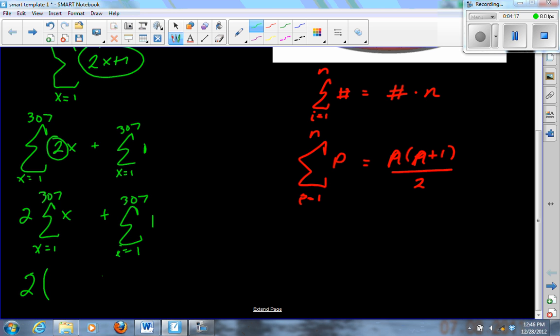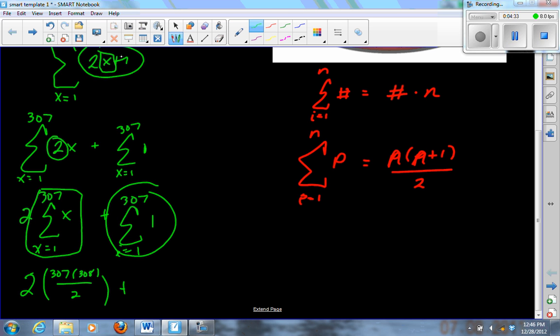Notice this part right here is this part right here. So this would be 307 times 308 over 2. And this one right here is this part. So this would just be the formula, whatever number you have, which in this case is a 1, times the upper bound, which is 307.